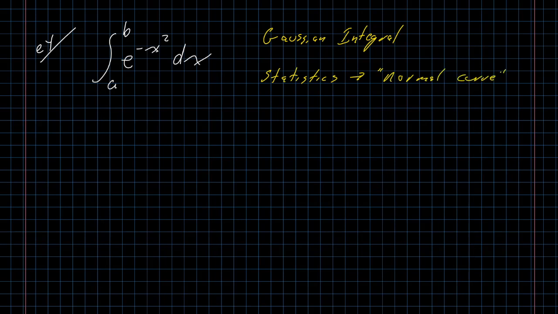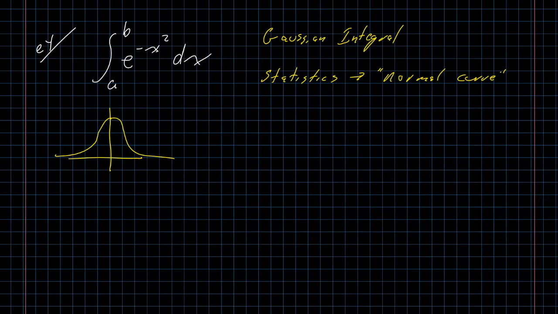The Gaussian integral is a key feature of statistics. Carl Friedrich Gauss came up with this mathematical function to describe the normal curve, or the standard bell curve that you see in population distributions, with that peak at the center and tapering off quickly on either side.